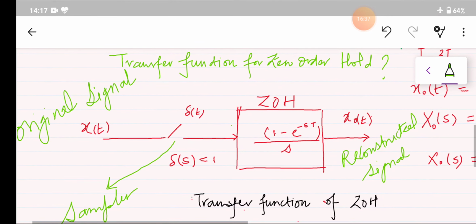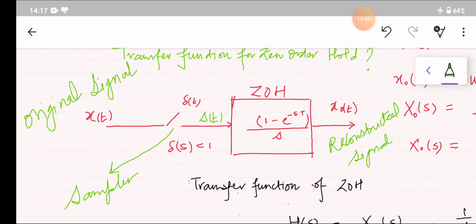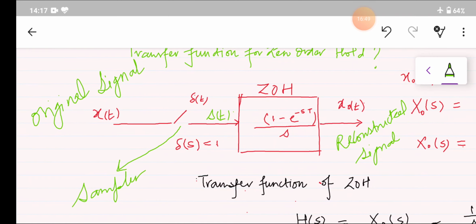And after sampling we have x*(t), which is our sampled signal. So in this way we have completed the signal reconstruction.